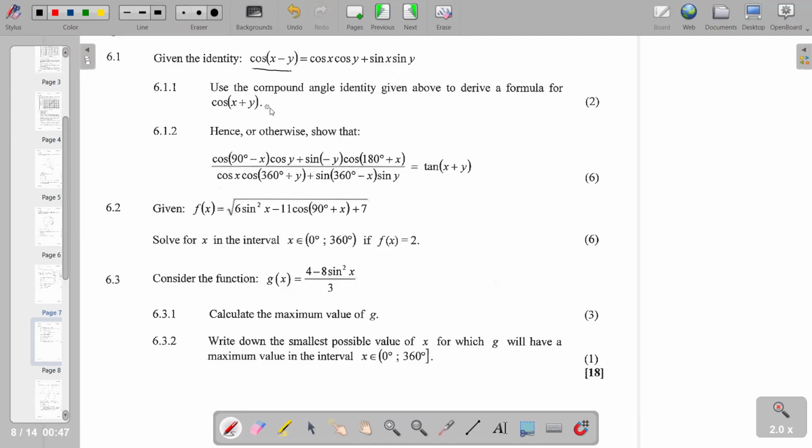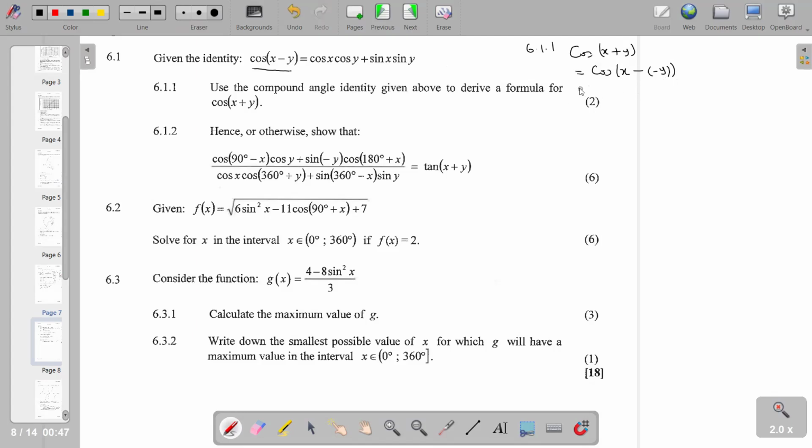To derive this, we know cos(x plus y) will be equal to cos(x minus, because we want to use this formula but end up having plus, it means it's going to be minus minus y, like this.